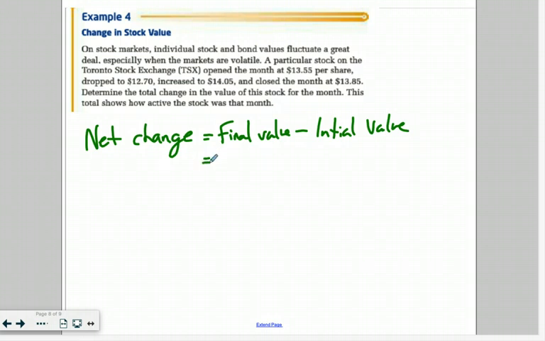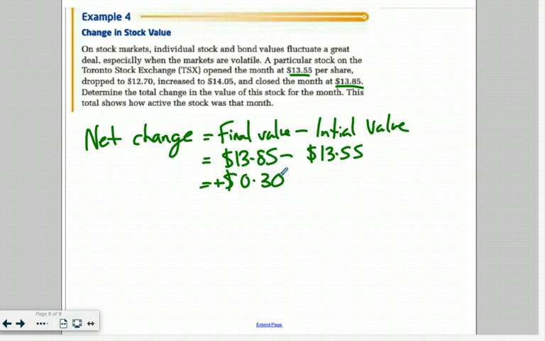So it finished the month at $13.85. It started the month at $13.55. So its net change was a positive 30 cents. Overall, in the month, it changed by 30 cents.